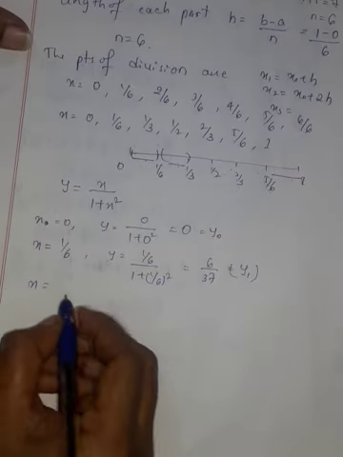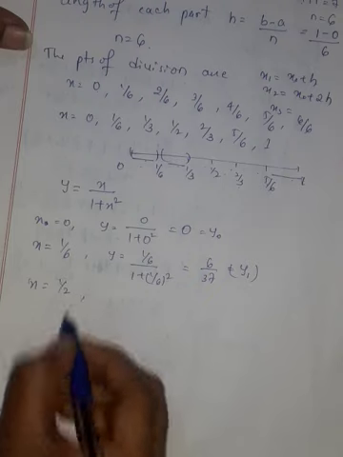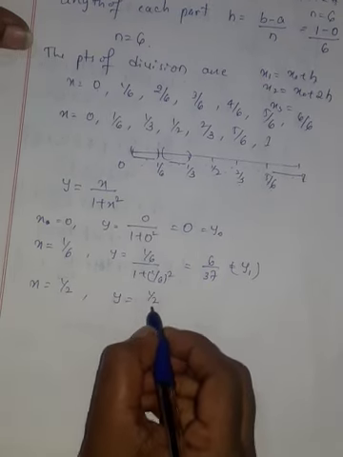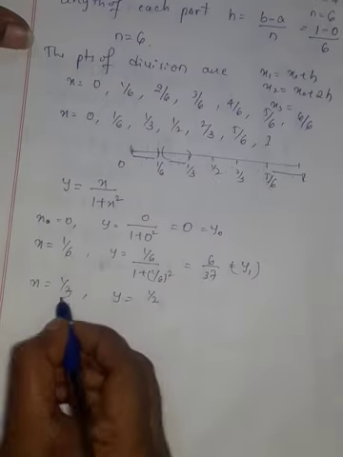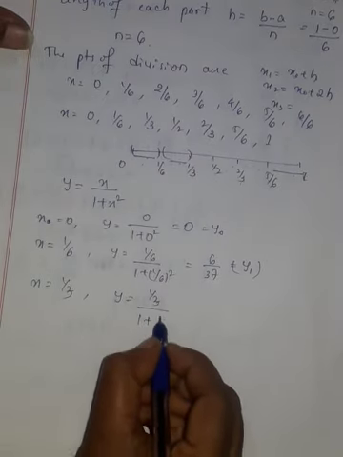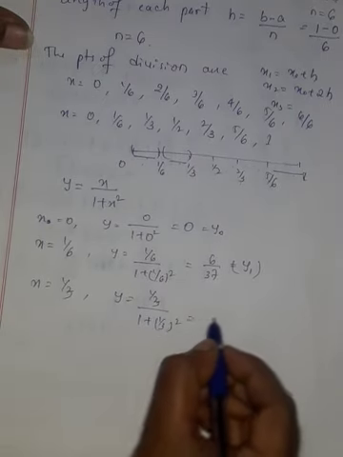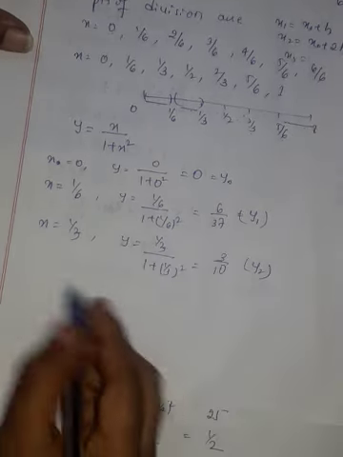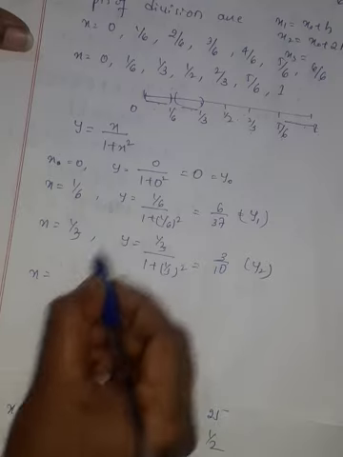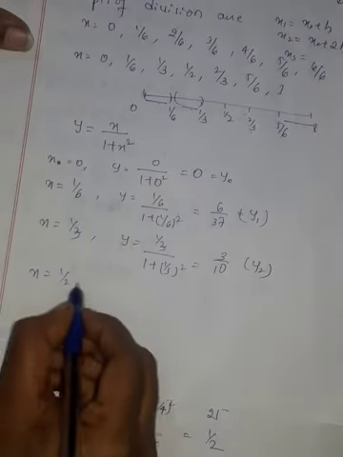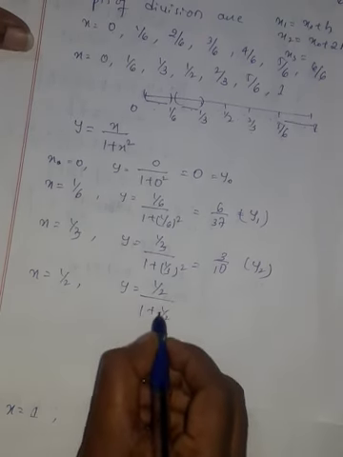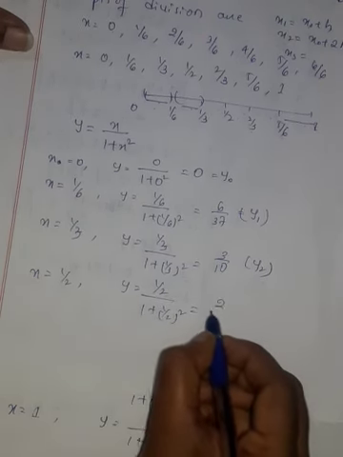For x is equal to 1 by 3, y is 1 by 3 divided by 1 plus 1 by 3 whole square, which is 3 by 10. This is our y2. Next, for x is 1 by 2, it is 1 by 2 divided by 1 plus 1 by 2 whole square, which is 2 by 5.